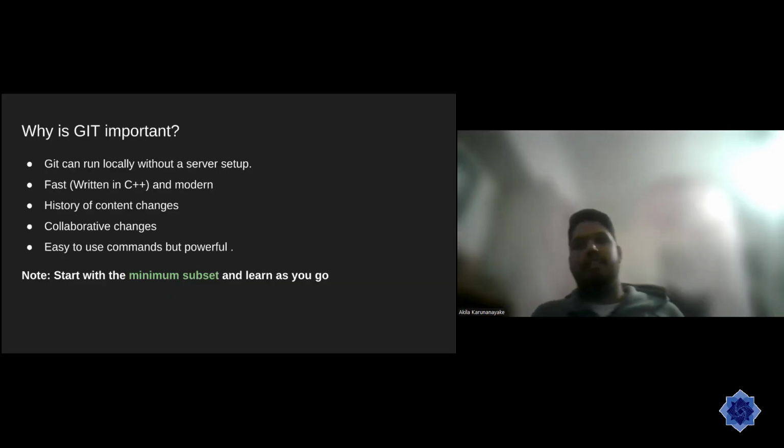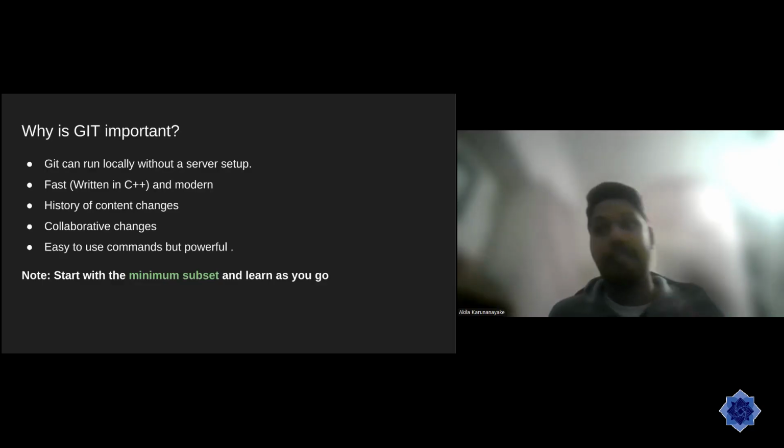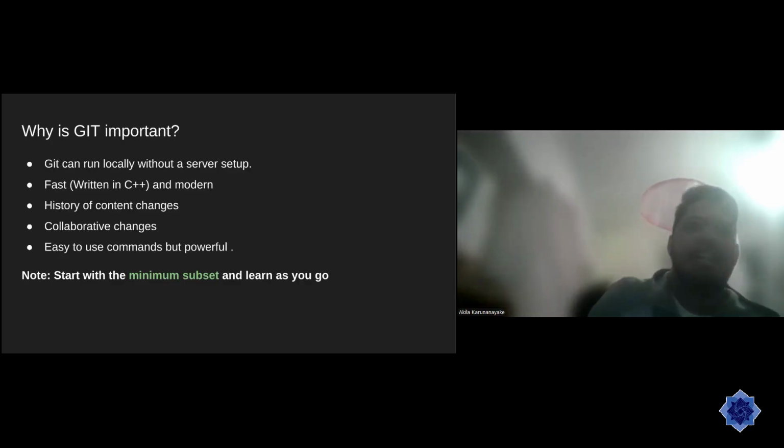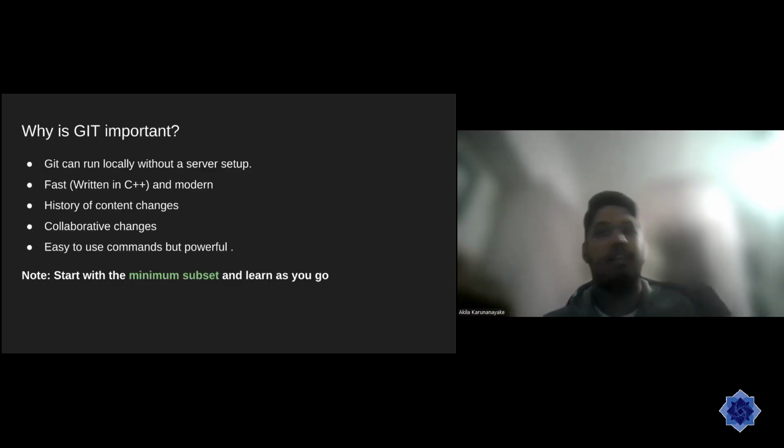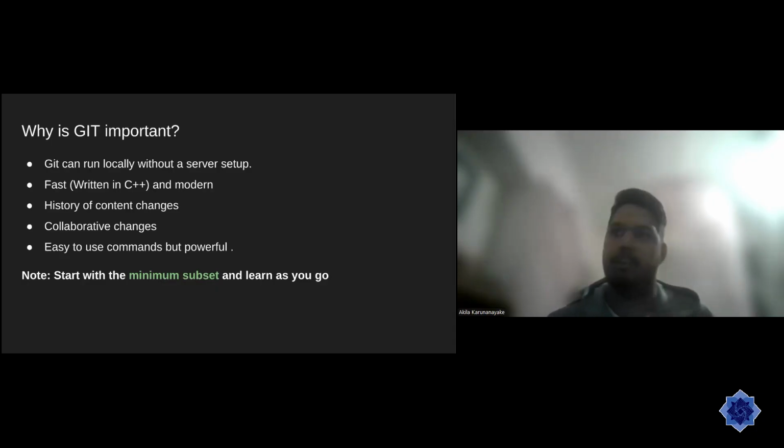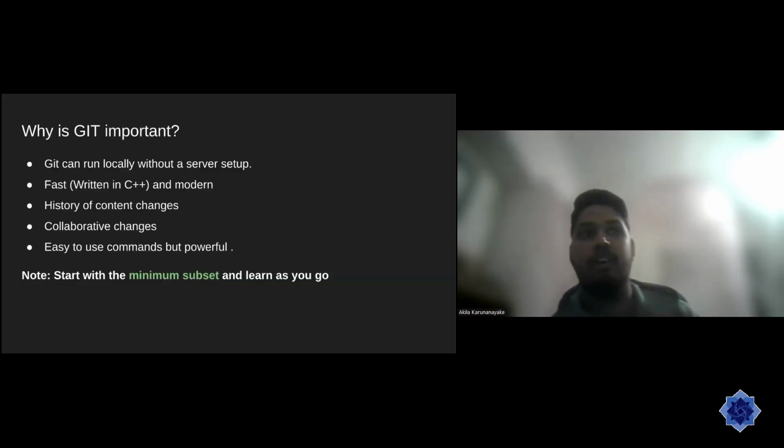A few characteristics of Git. Git is not the only version control software out there, but it is by far the most popular one. Git can run locally without a server setup. On any of your machines, you can have Git installed and keep all your files and version control locally. And it is fast.